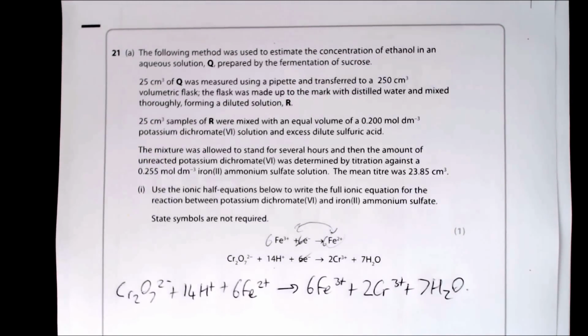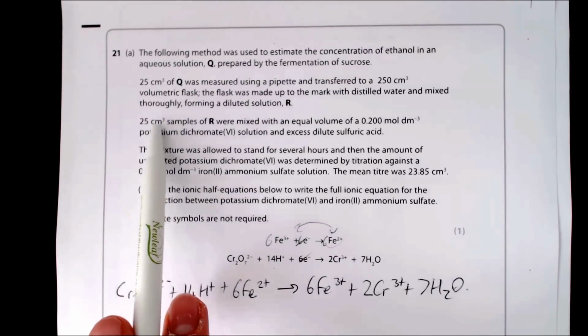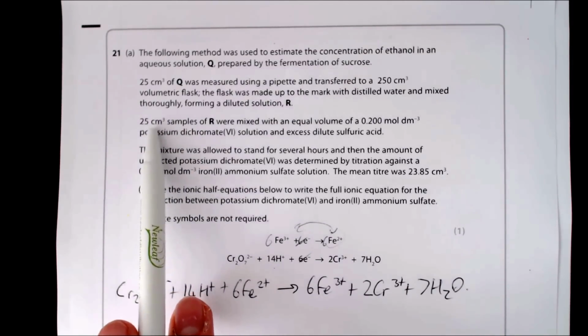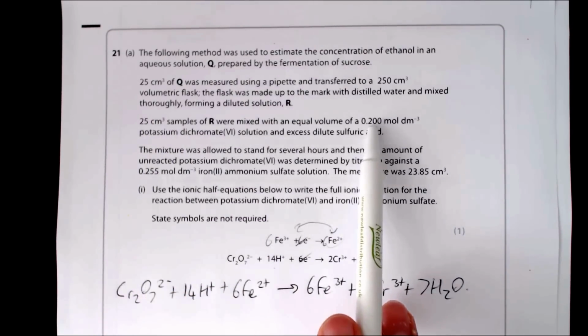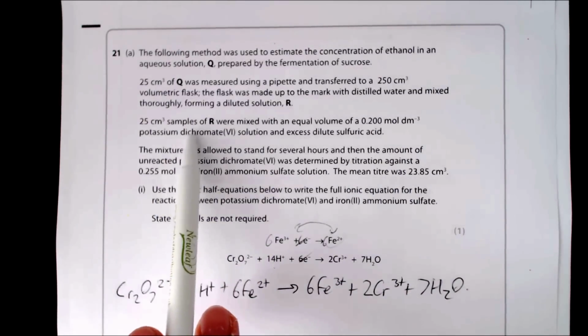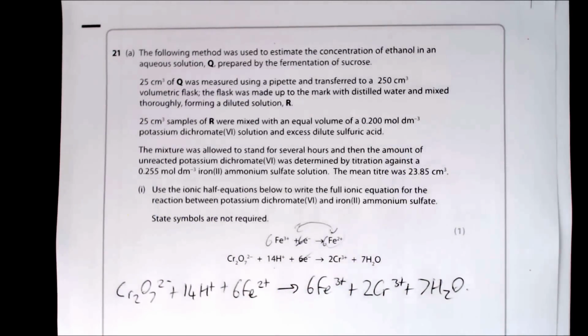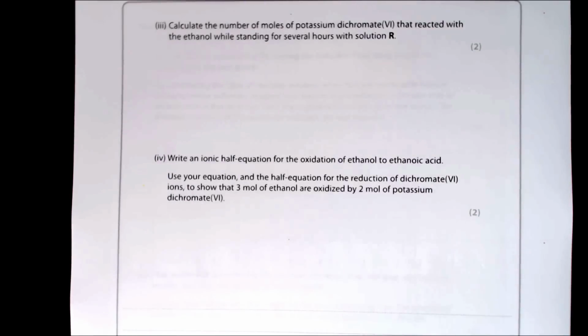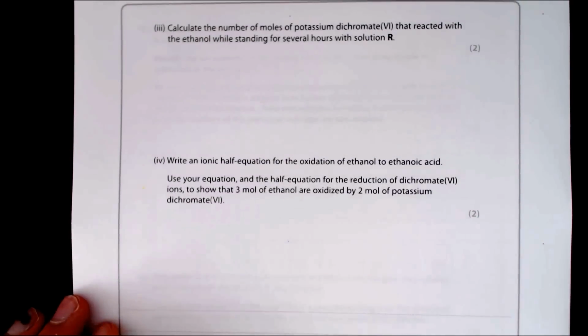We're looking for the number of moles right at the start. We had a 25 centimeters cubed sample originally, and the concentration was 0.2. We use these numbers to work out the number of moles of dichromate initially, before the reaction happened, because to work out what's left, we have to work out what we had at the start first.